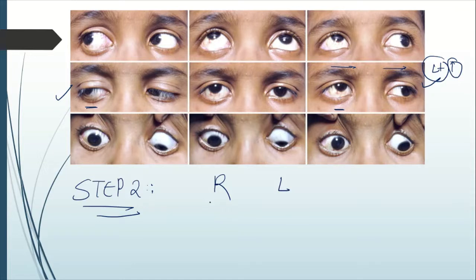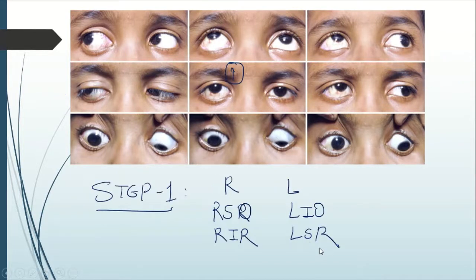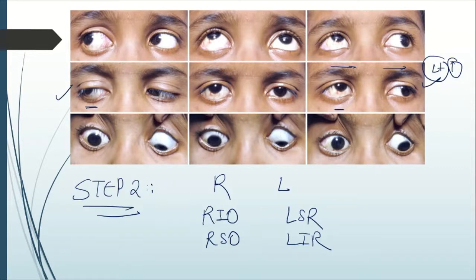So for my right eye in adducted position, who are the elevators and depressors? Obliques, right? So that will be right inferior oblique, right superior oblique. Whereas for the left, those will be recti: left superior rectus, left inferior rectus. Now compare the two and tell me which two are common.